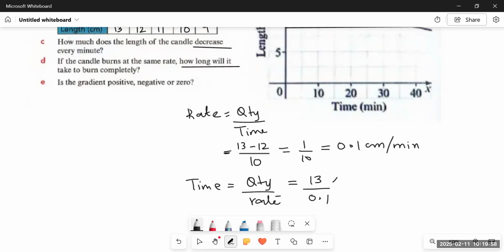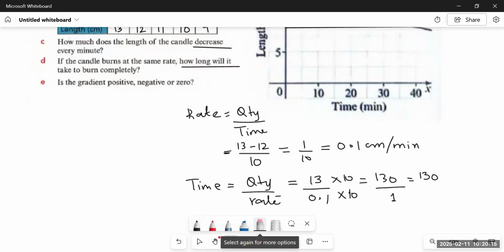So we have to multiply both by 10 to get the answer in a whole number. 130 upon 1, which is 130. So it means that it will take 130 minutes to burn completely.